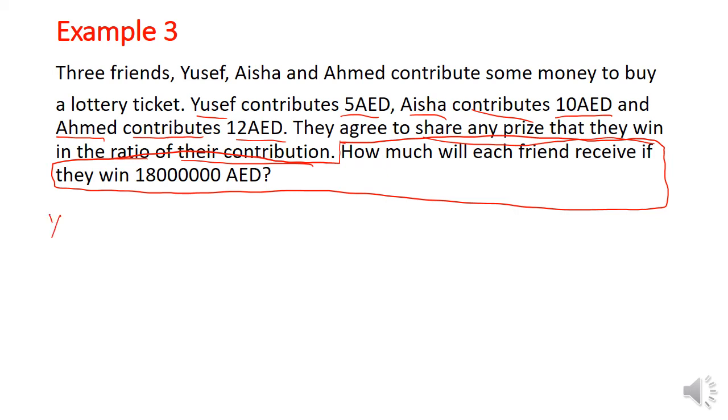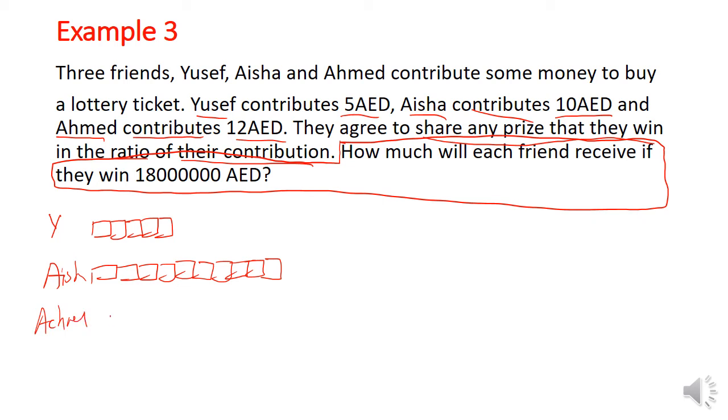So if Yusuf is contributing 5 parts, because he's contributing 5 dirhams, and Aisha is contributing 10, and Ahmed is contributing 12. So Ahmed is contributing the most, so if they win, he will get the largest share, because he's contributed the most.